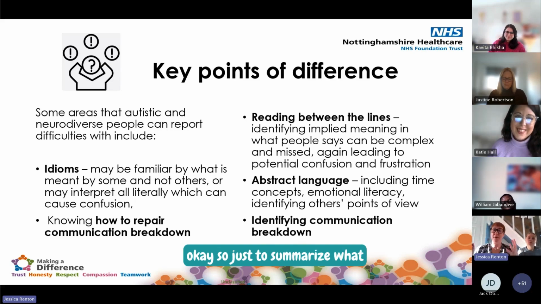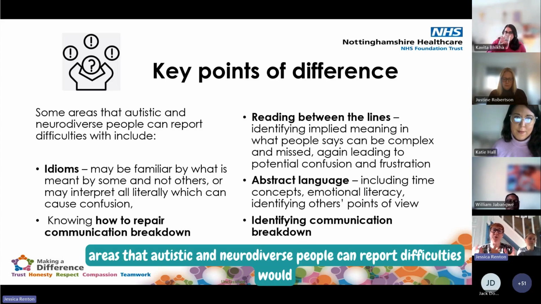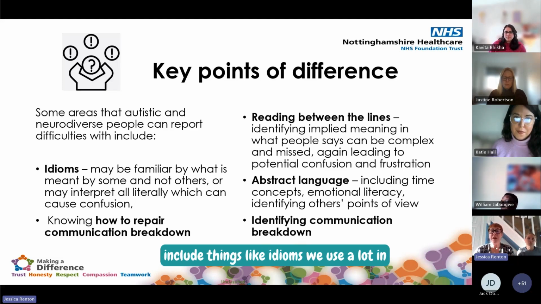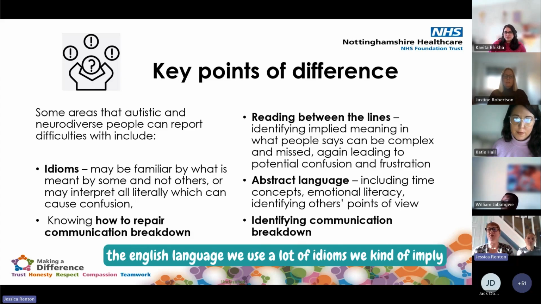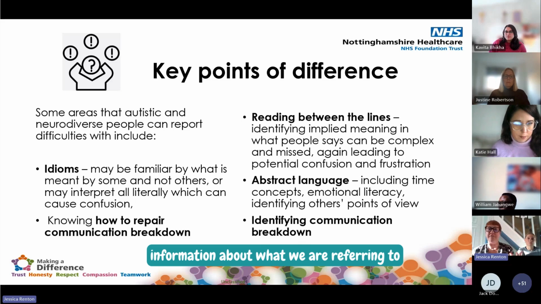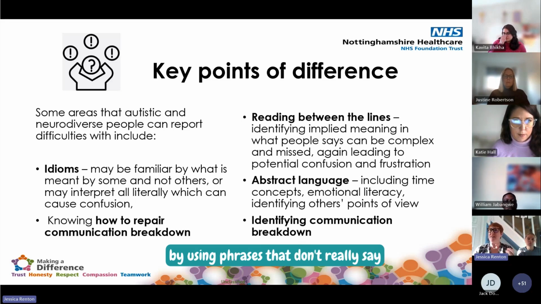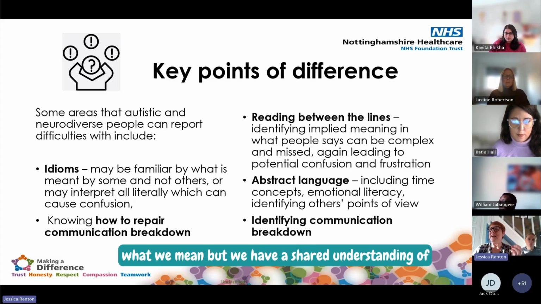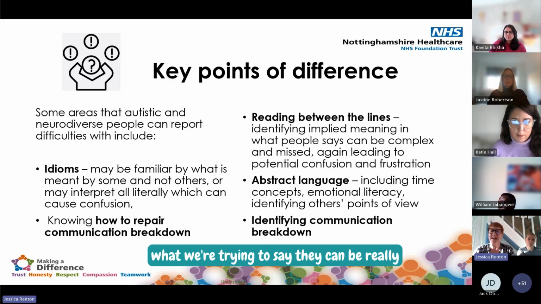Okay, so just to summarize what Kavita's just gone through, some areas that autistic and neurodiverse people can report difficulties with include idioms. We use a lot of idioms in the English language. We imply information by using phrases that don't really say what we mean, but we have a shared understanding of what we're trying to say.